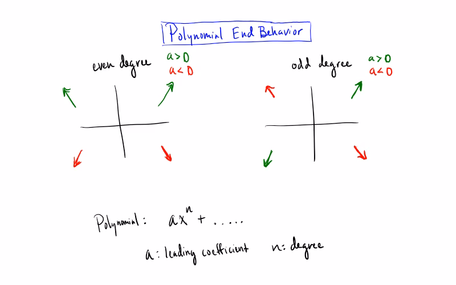Now, it could do a lot of things in between. This even degree polynomial could do something like this. Or you could have one that's just a parabola and that's it, like negative 5x squared something something would be similar to that.